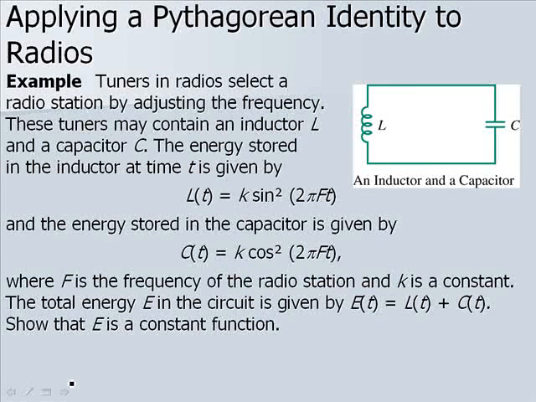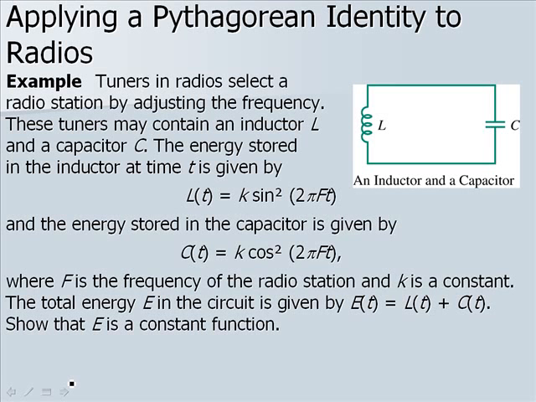Now let's look at an application. Tuners in radios select a radio station by adjusting the frequency. These tuners may contain an inductor L and a capacitor C. The energy stored in the inductor at time t is given by the following equation. L of t equals k sine squared of 2 pi ft.